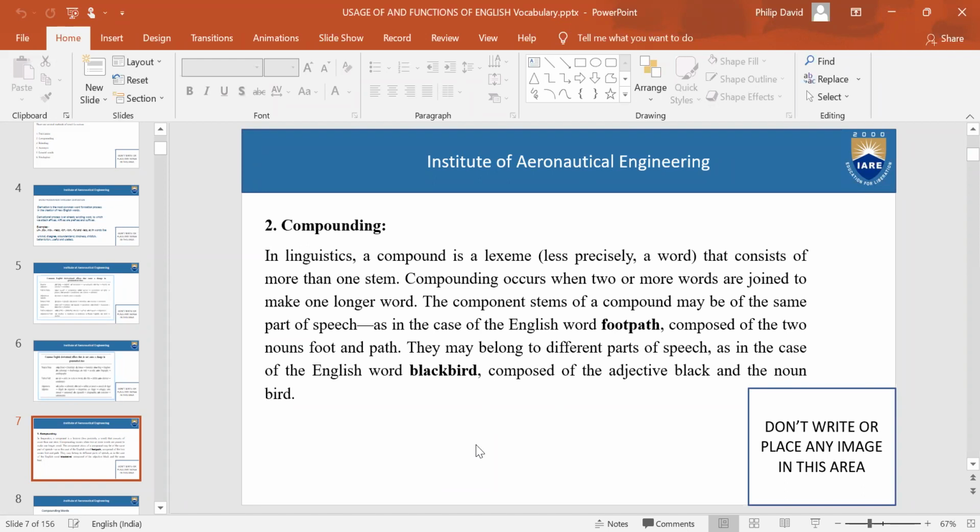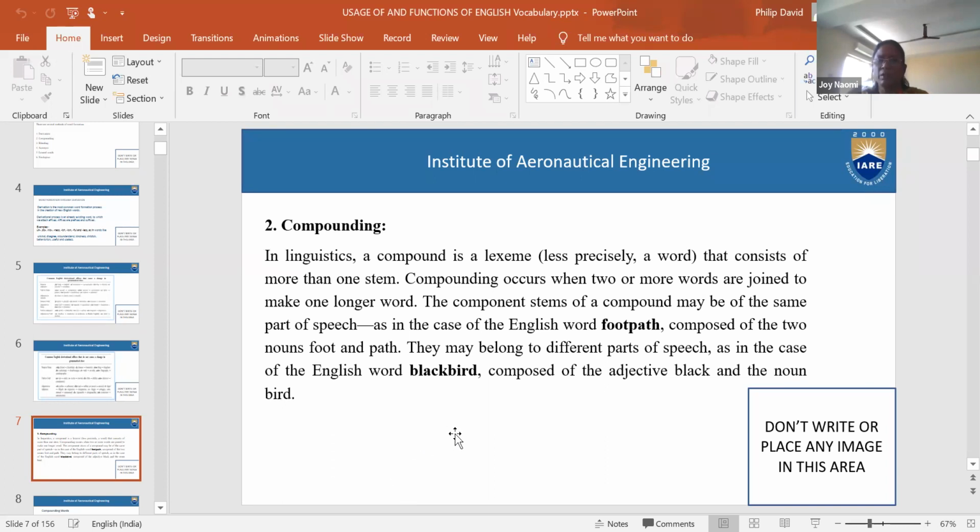All right, so the next way of forming new words is compounding. Usually we get compounding by joining two nouns. For example, foot is one noun and path is one noun, and joining these two nouns, you get a double noun, also called a compound.